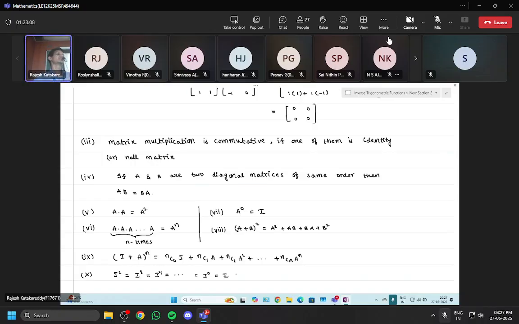In general, for a diagonal matrix, D1, D2, D3 are the principal diagonal elements. In general, a 3 by 3 upper triangular matrix is A1, A2, A3, 0, B2, B3, and then 0, 0, C3.